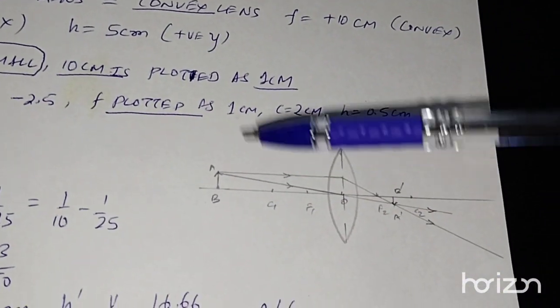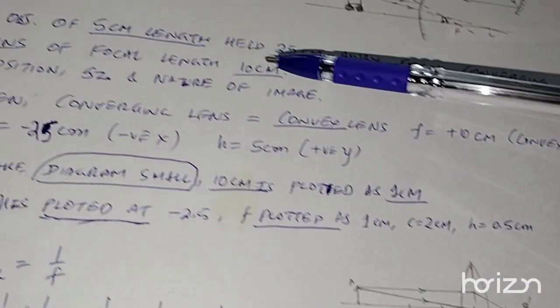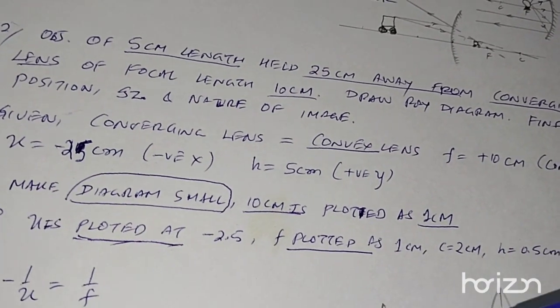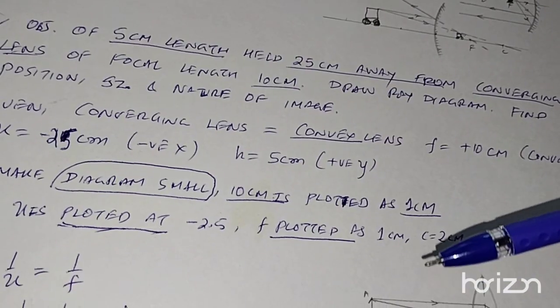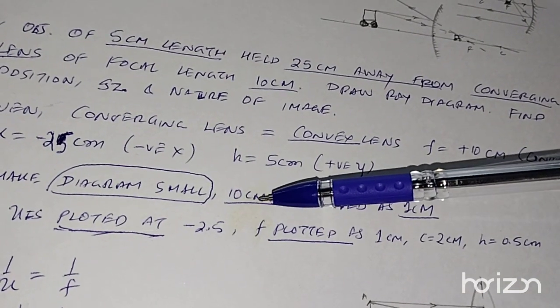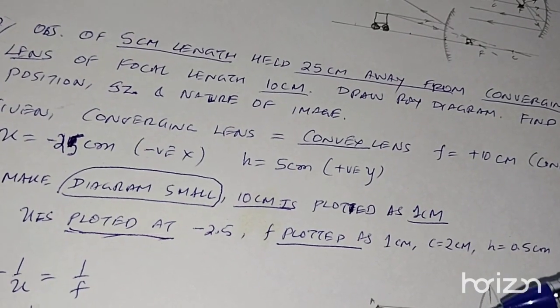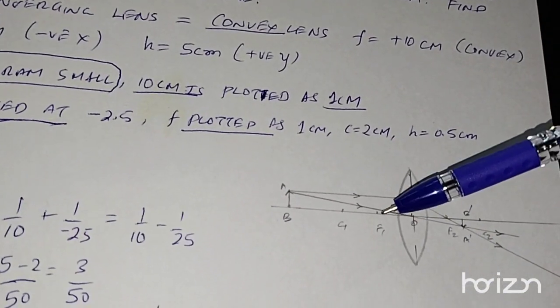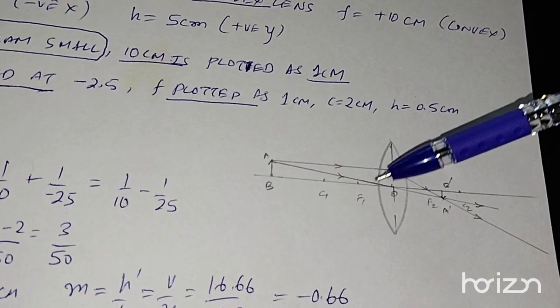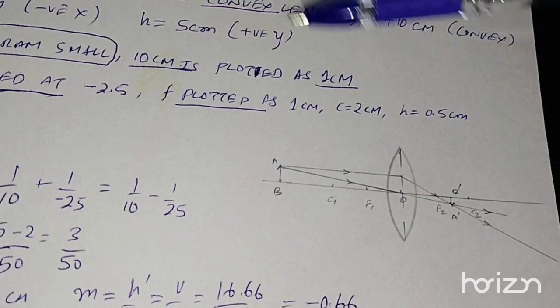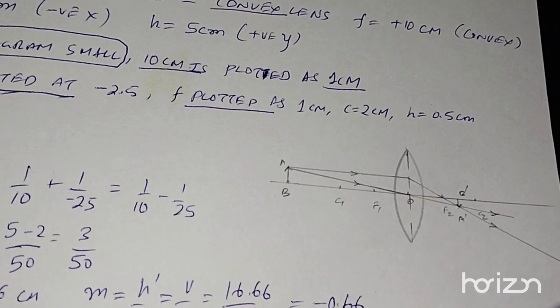They have given that the focal length is 10 centimeter, but we are drawing a small ray diagram just for representation. So we are dividing all distances by 10. Ten centimeter means we are making the focal length 1 centimeter. If you take a scale and measure, this focal length will be just 1 centimeter. If we tried to draw it at 10 centimeter, the diagram would become very big.